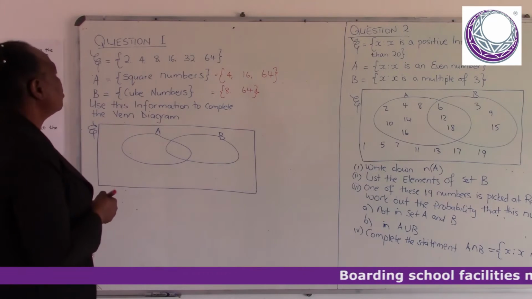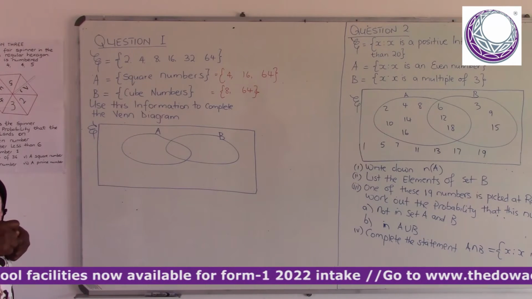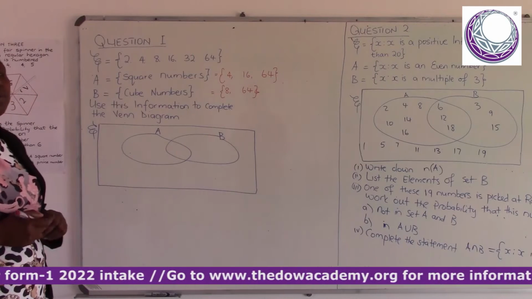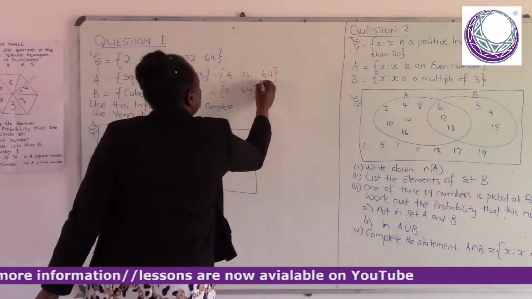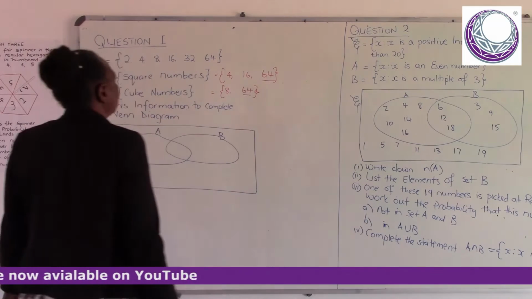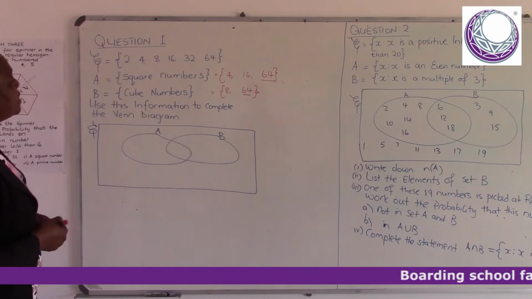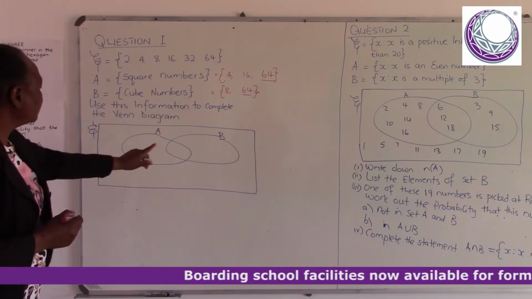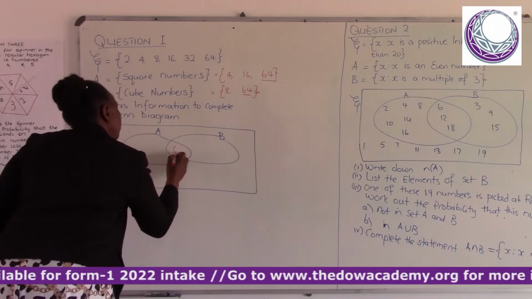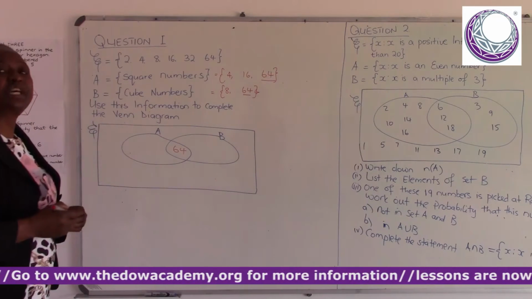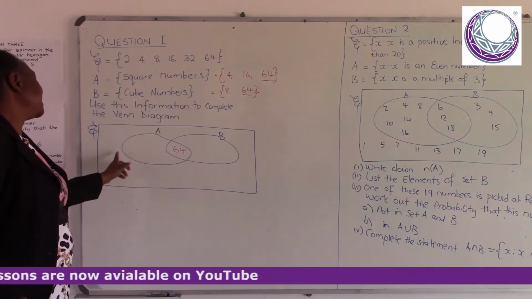So I put it. So I can see that this is the boundary for set A. So what I do is, after putting the common elements, I'll just check what else is remaining. I have my 4 and I have my 16. So in sets, it is always important to note that the boundary of A determines the elements of set A. So I can see if I'm to neglect or to put aside set B or the main set, I can actually see that my square numbers are 4, 16, and 64.